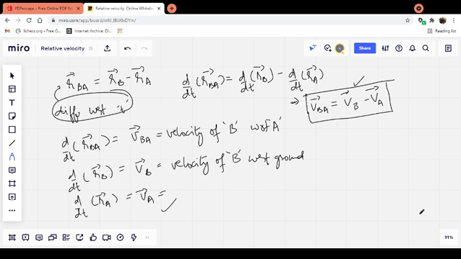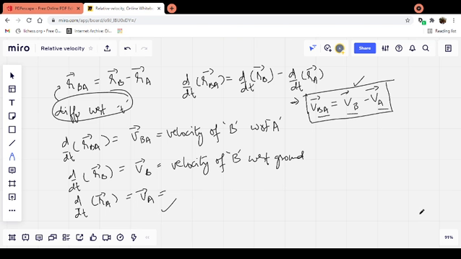Again the same concept comes in place, which I told earlier, that if I want to find the velocity of B and I am A, I would subtract my velocity, that is the velocity of observer A, from the velocity of the person I am trying to see, that is B. If I subtract my velocity from the velocity of the thing I am trying to observe, then I get the velocity of that object with respect to me.